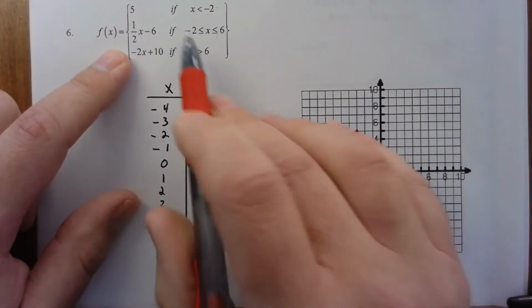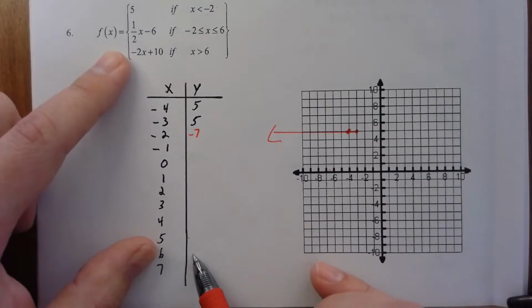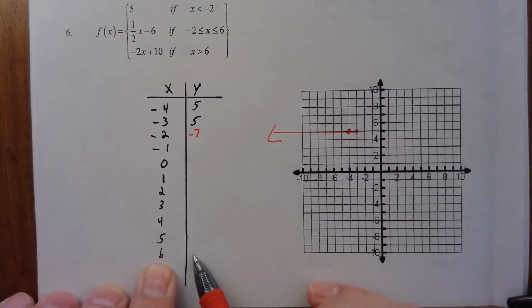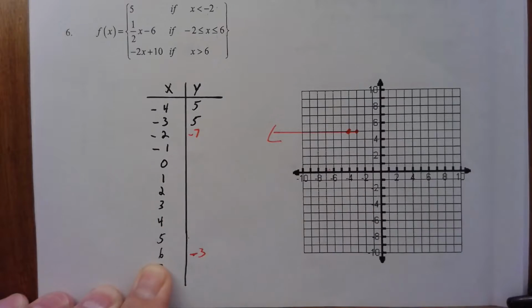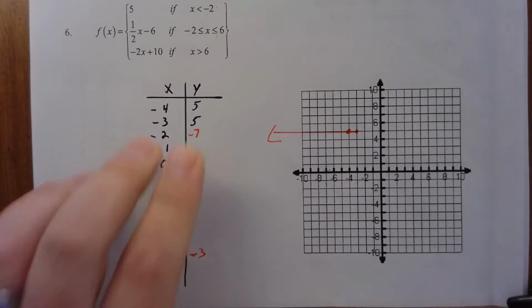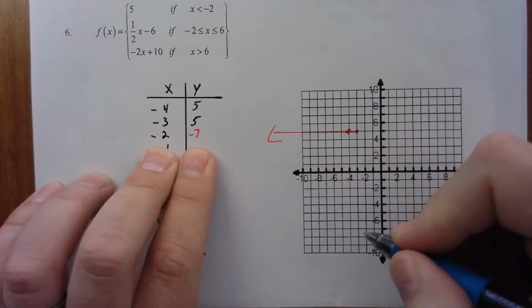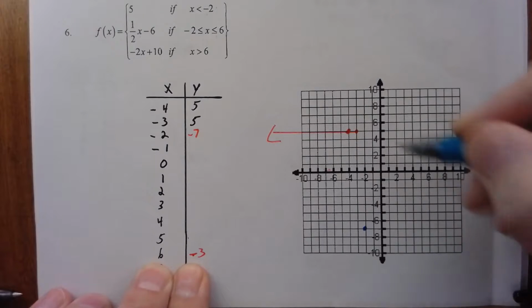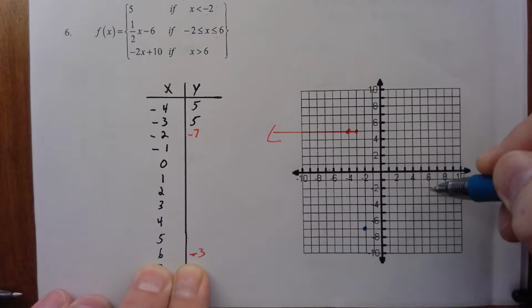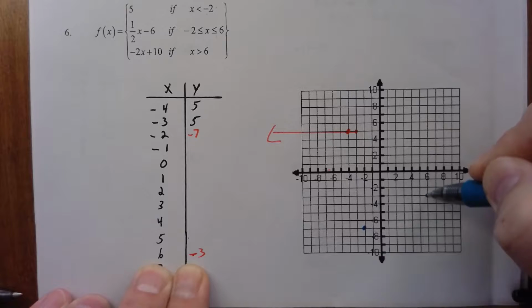And then I'm going to skip way over here, down to number 6. So 1/2 times 6 is 3. 3 minus 6 is -3. And let's plot these 2 points and graph them. So -2 goes with -7. And then 6 goes with -3.